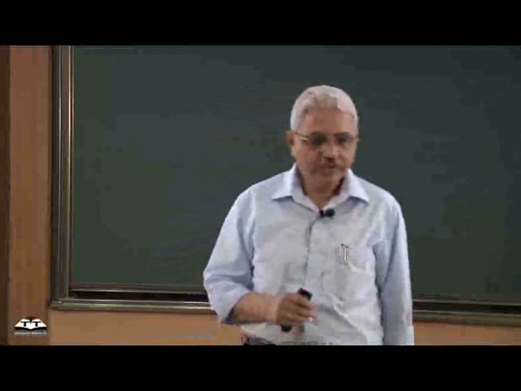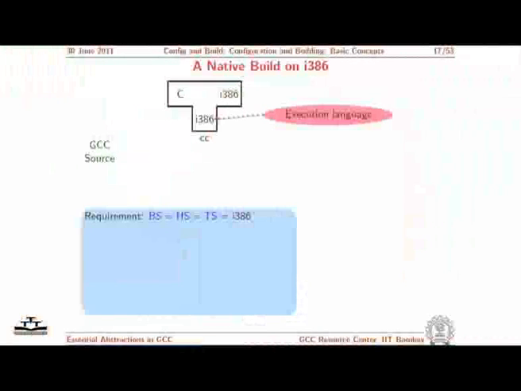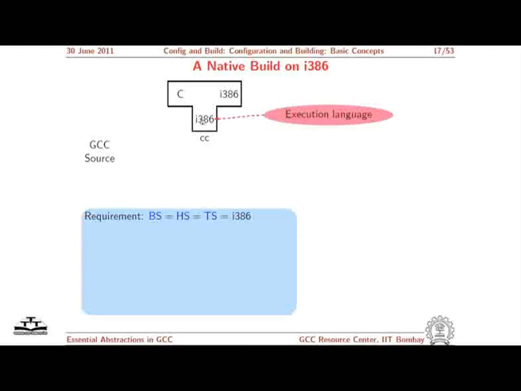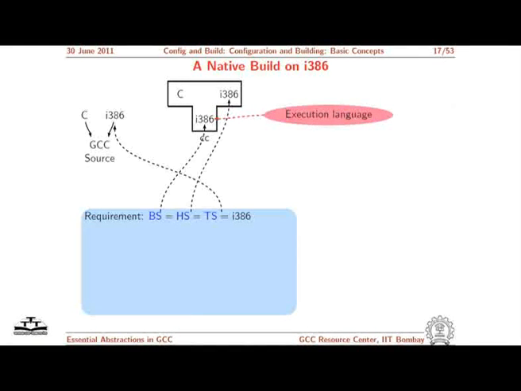Okay. So I have a native compiler CC, and because I want my host system to be i386, I take a compiler which runs on i386, takes C as the input program and generates i386 code. What dictates these choices? The fact that execution language is i386 comes from the fact that my build system is i386.